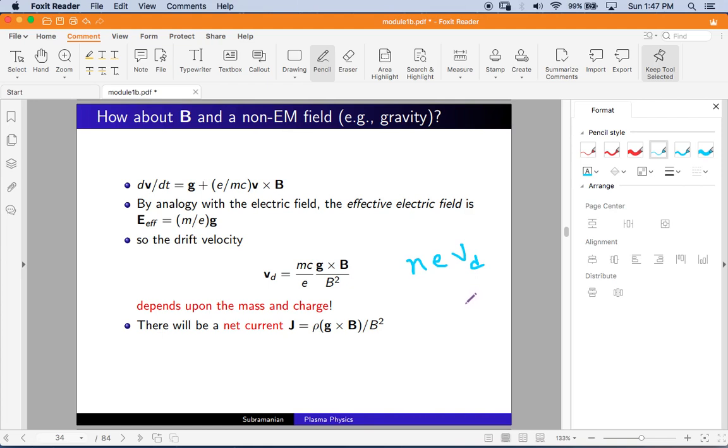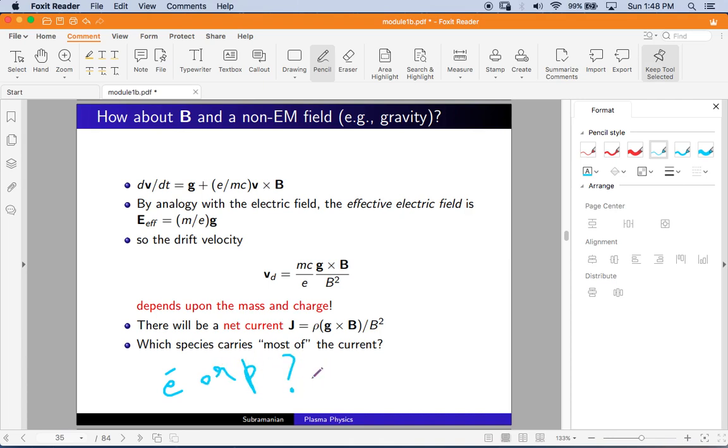And it's interesting to think about which species carries most of the current. This rho would be your n e, and so which species, meaning electrons or protons?